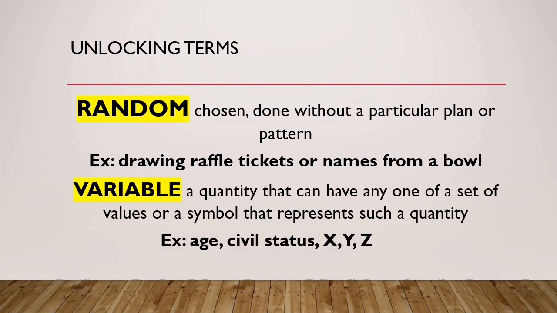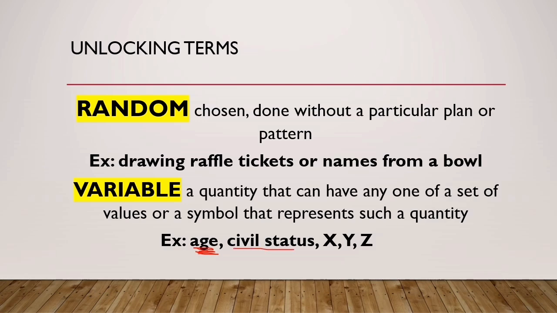A variable, for example, age, civil status, or it is represented by capital letters, so X, Y, Z. Let's take for example age. Age can have not just one value, but many values, a set of values. You can have age as 1, 2, 3, 4, 5, and so on.